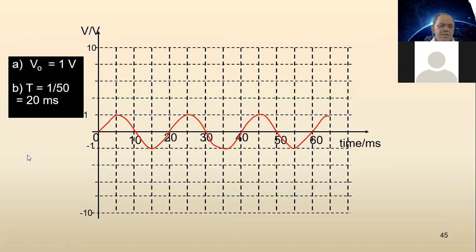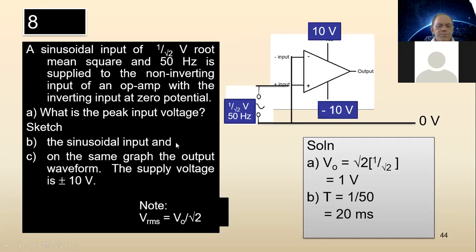Then, understand our op-amp. What is the next thing that we want? With the sinusoidal input, we want to see the output waveform on the same graph. Look at this one: the negative input is connected to earth, so it doesn't invert. It just amplifies only. So as soon as the positive terminal, the non-inverting terminal, is greater than 0, the output will just be 10 volt there.